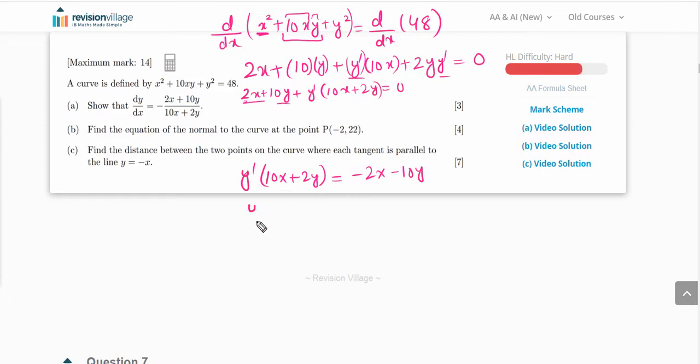So my y prime will become equal to negative 2x negative 10y divided by 10x plus 2y.